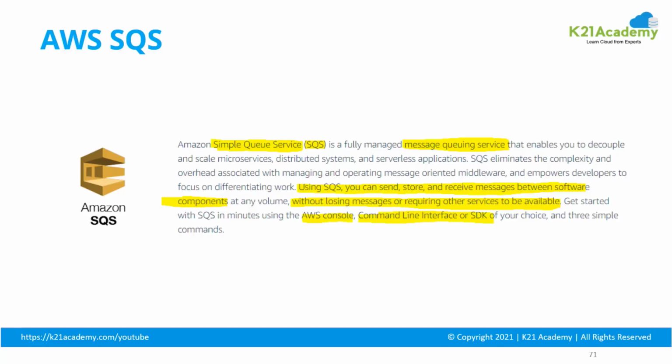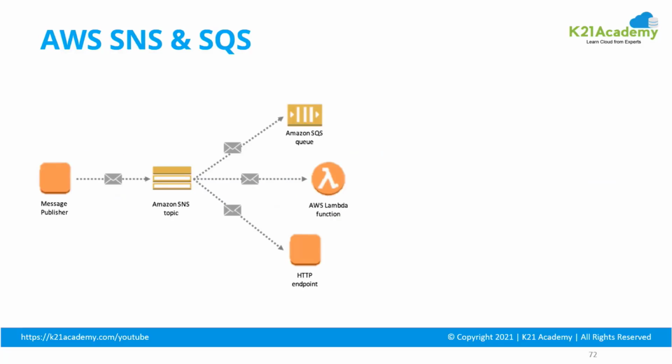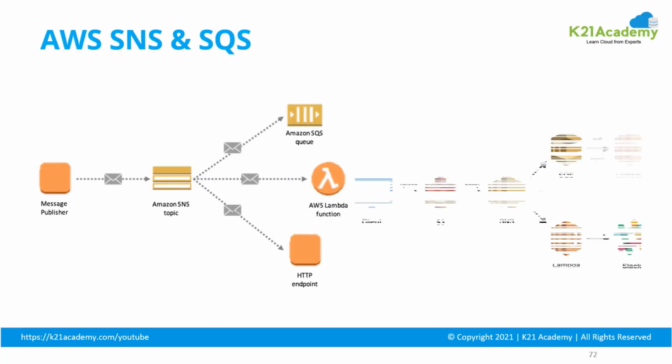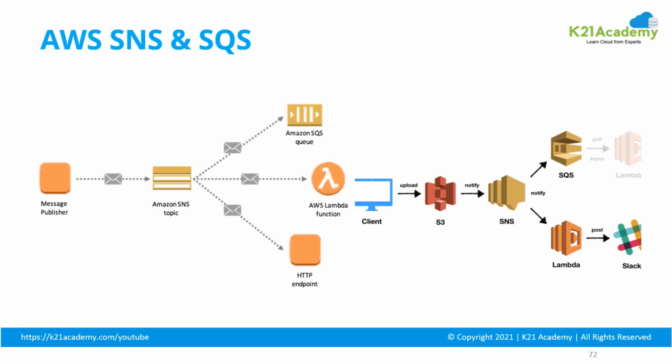You can use Simple Queue Service either using the Web Service Console or AWS Console, command line interface, or SDK. So this is an example of where I'm using Simple Notification Service and Simple Queue Service to do some processing. If you have worked on Java messaging queues, JMS, in applications, it's something similar on the AWS cloud.